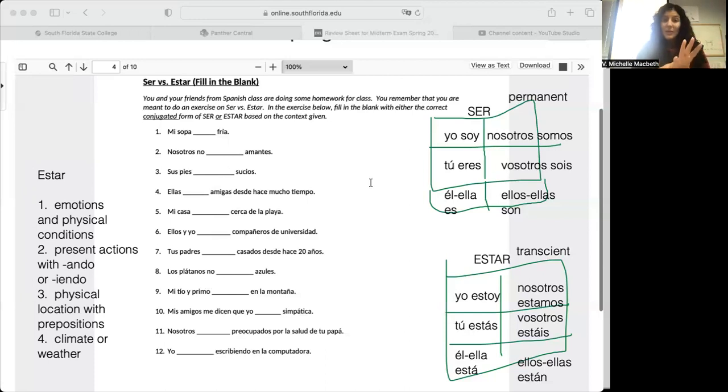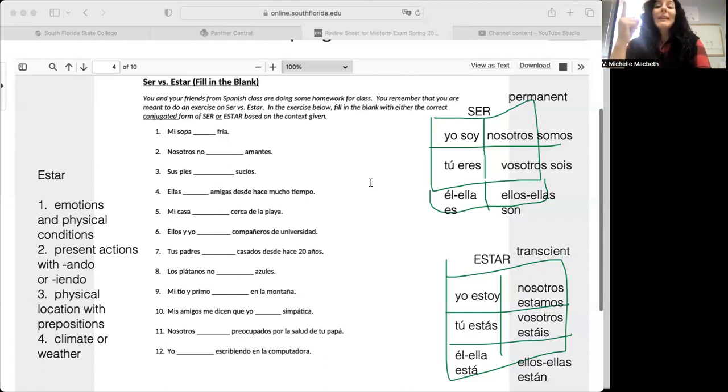Okay, so how am I going to do it? So I might say, all right, if I say mi sopa fría, what am I saying? I'm saying the soup is cold, right? I'm going to go through my list. First, I want to know, is it estar? If it's not estar, by default, it's ser.